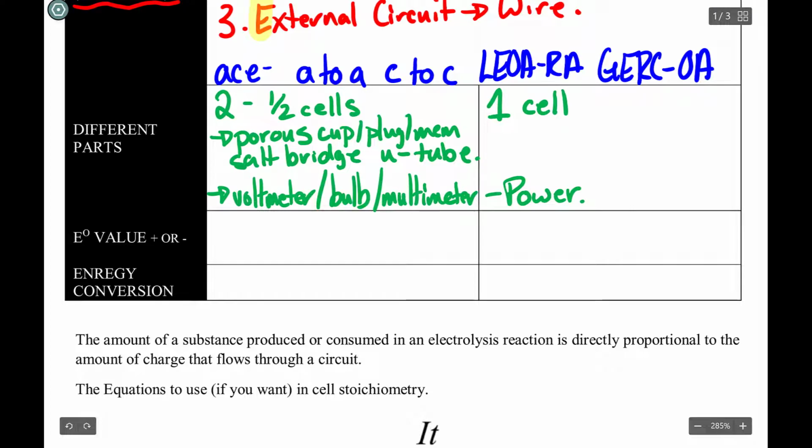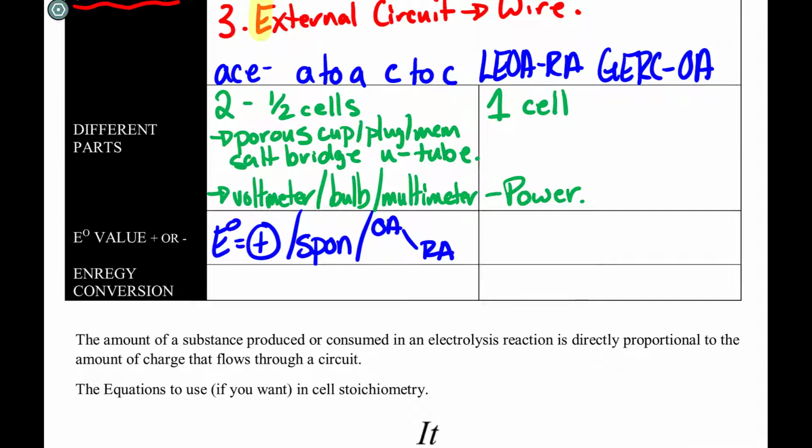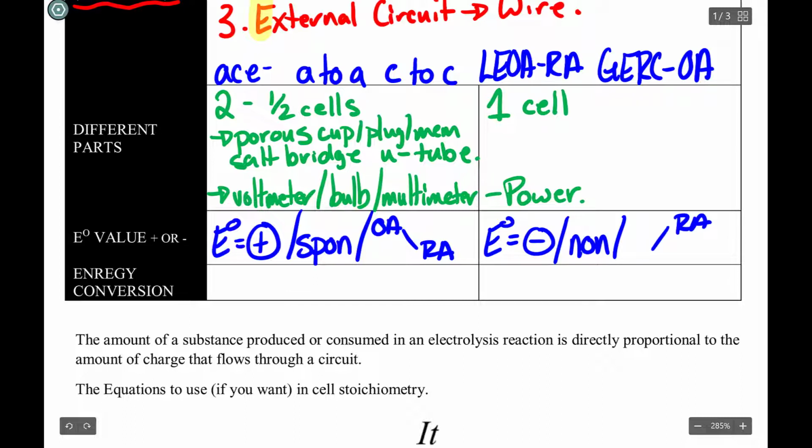In terms of the electric potential values and spontaneity, we know that voltaic cells will have an electric potential which is positive, because it is a spontaneous reaction, which means that my oxidizing agent must be above my reducing agent on the table. Where an electrolytic cell, it's the opposite in all of those ways. So it's not positive, it's negative. It is not spontaneous, it is non-spontaneous. And the reducing agent would fall above the oxidizing agent on the table.